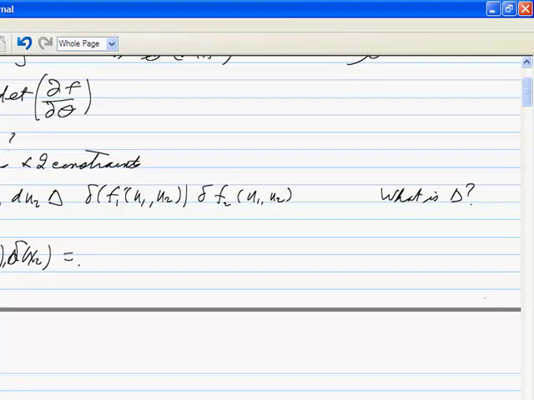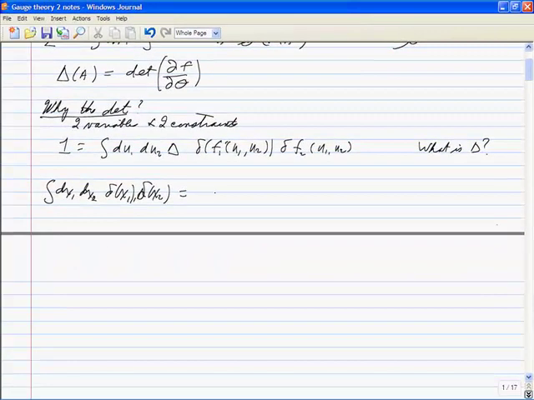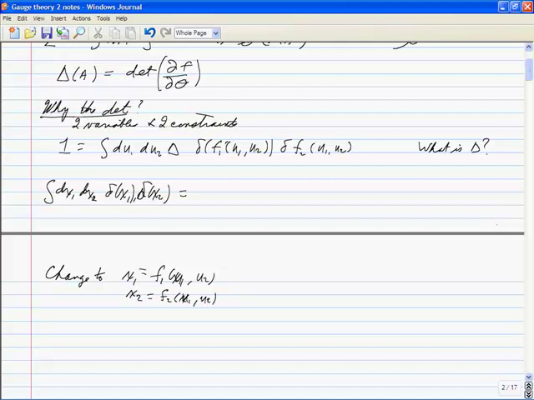As we work away from that, if we change variables, we change to x1 is some f1 of u1 and u2, x2 is f2 of u1 and u2, so new variables.